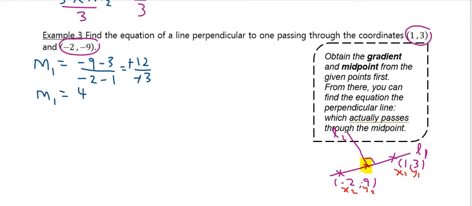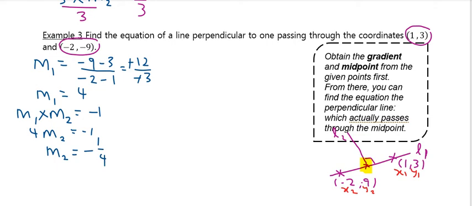Now that's for the first gradient. You remembered from the previous one, for perpendicular lines, you have to use this formula. Now m1, which is 4, times m2 equal -1. So divide this by 4, your second gradient will be -1 out of 4, right?